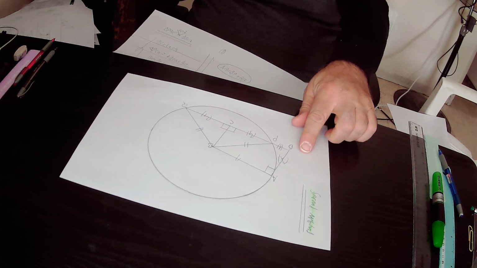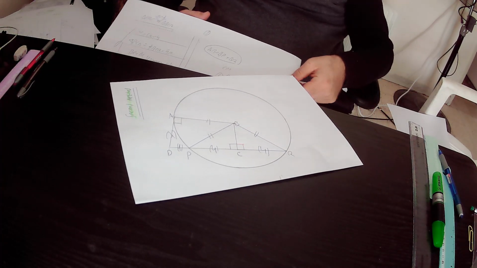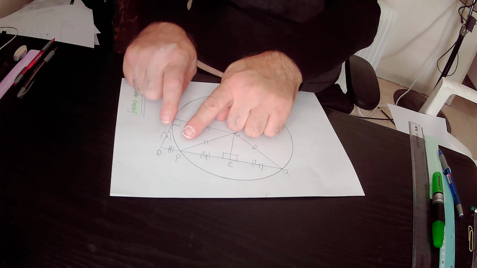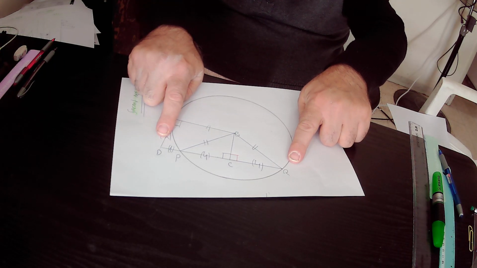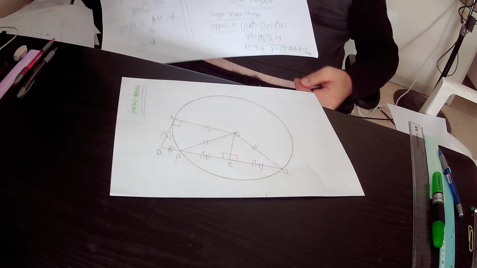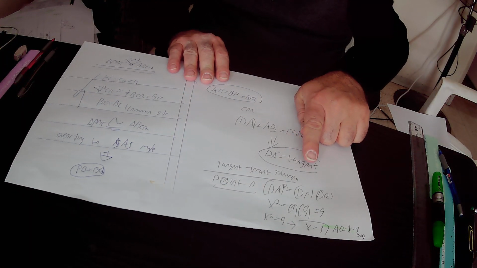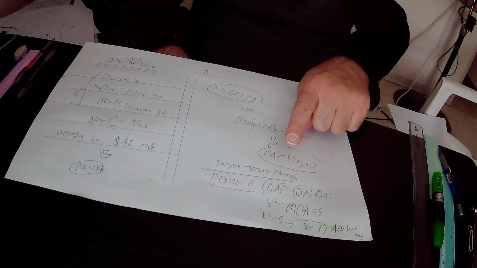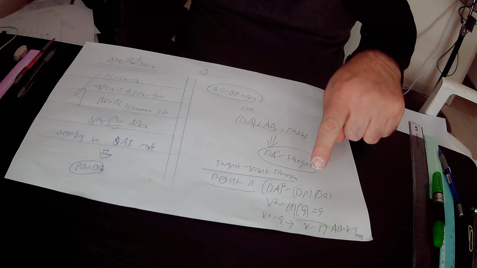DA equals x, and therefore DA squared is x squared. It equals DP, which is 1, times DQ. DQ in total is 1 plus 4 plus 4, that is 9. So DA squared equals DP times DQ, and it is actually x squared equals 1 times 9, that is 9. So x squared equals 9.